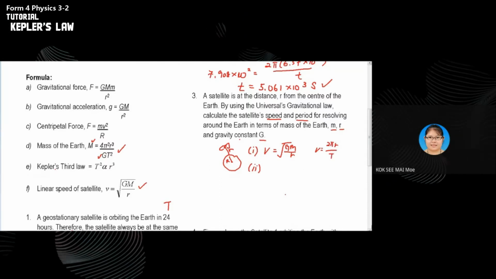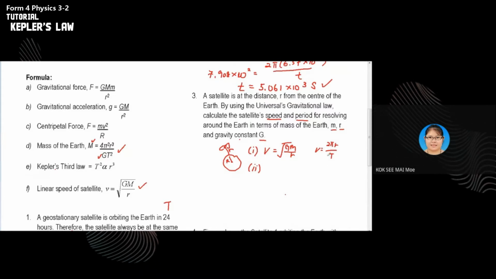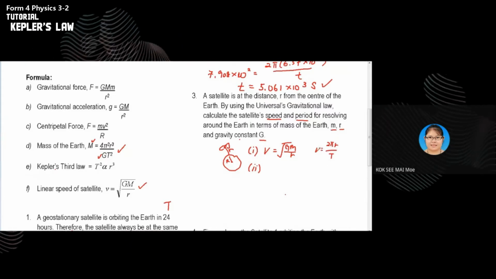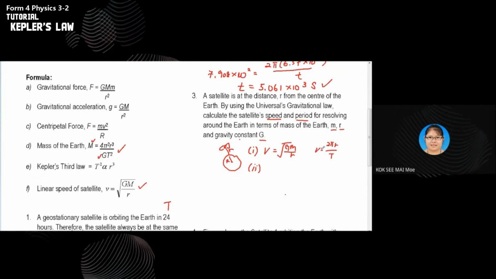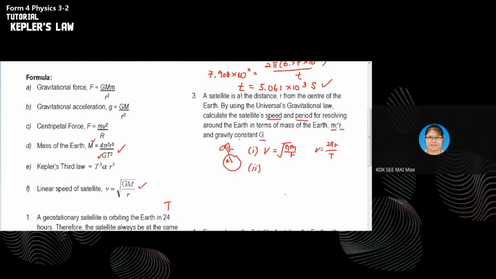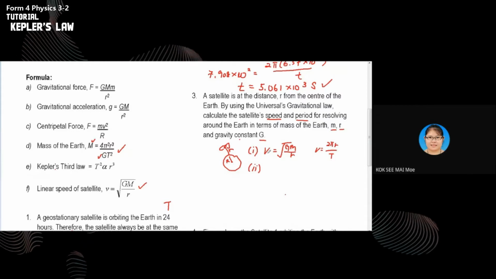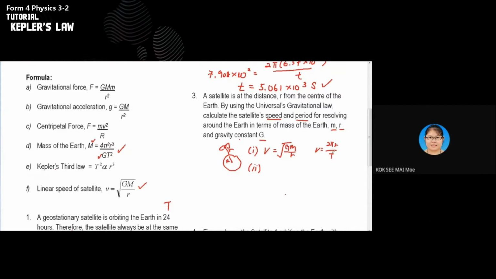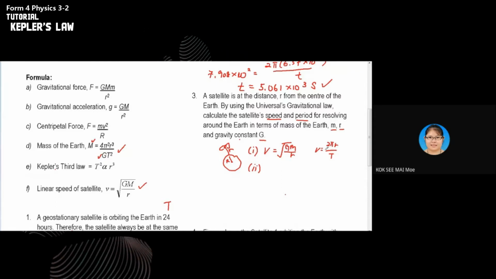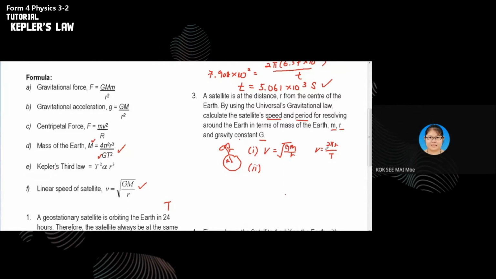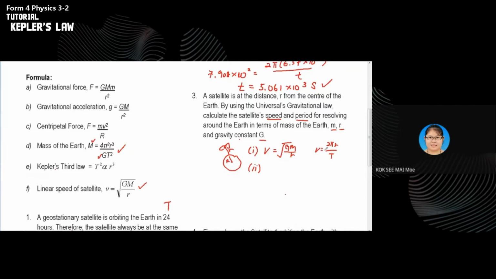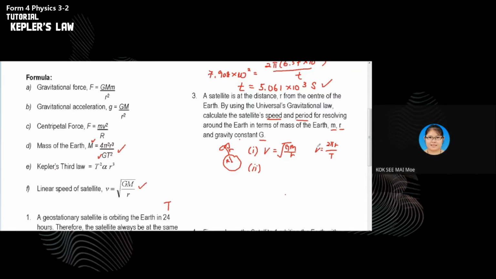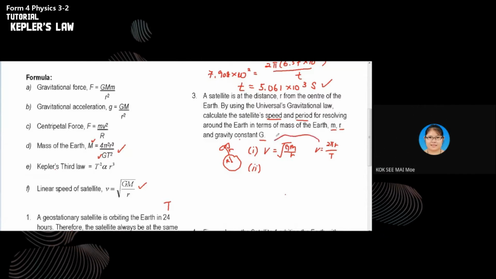So from here we know T. But now I don't want V. I just want the answer in M, R, G. So just now V equals the square root of G, M, and R. Now T is the same. I want T equal to something with G, M, and R only, without V. So this whole thing must be substituted in here.